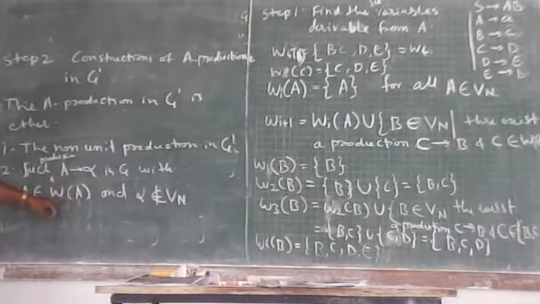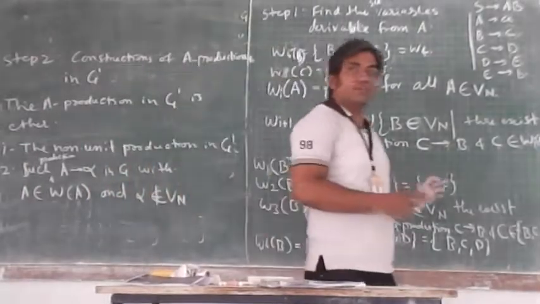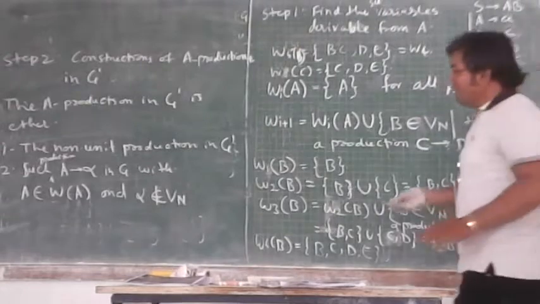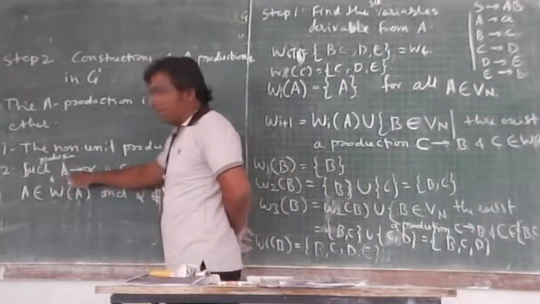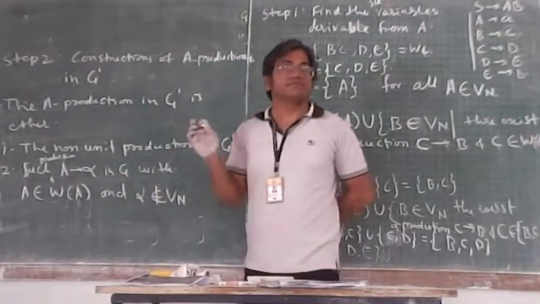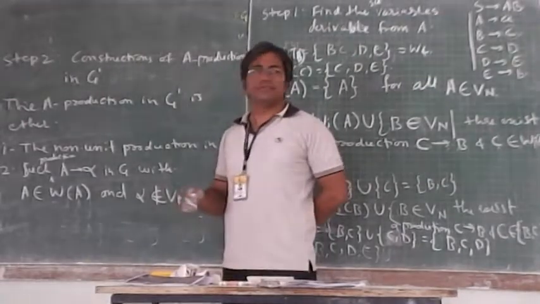What is the value of W A? A belongs to W A, and that alpha should not belong to Vn. Vn is what? All the variables. So whatever alpha is coming at the right hand side of that selected variable, that alpha should not belong to any Vn. There should not be any variable at the right hand side.